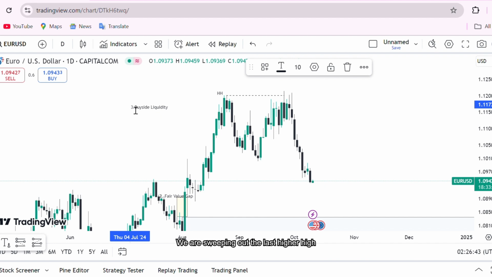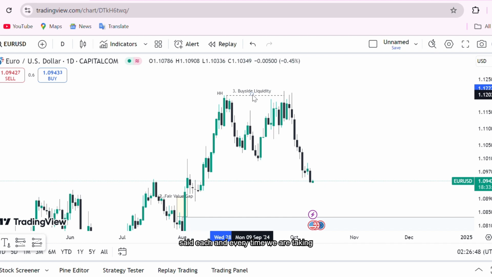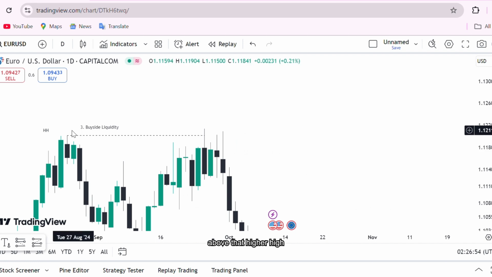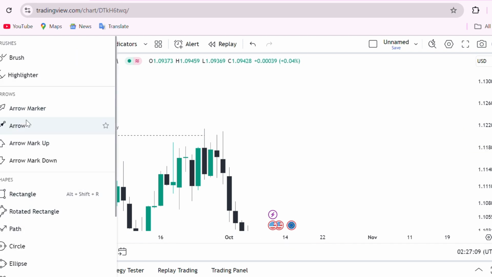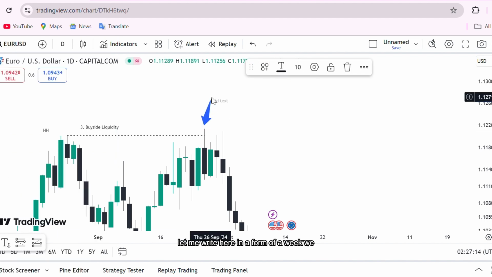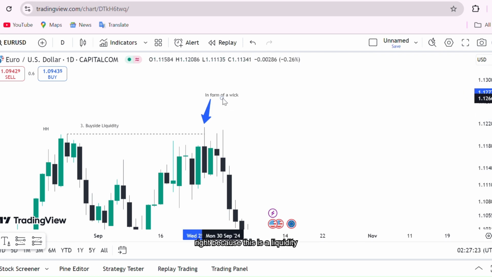We are sweeping out the last higher high that we just created. And each and every time we are taking out a higher high, we don't close above that higher high, because this is only a liquidity sweep, right? So if we are taking out liquidity, we do it in the form of a wick. We don't close, because this is a liquidity sweep.